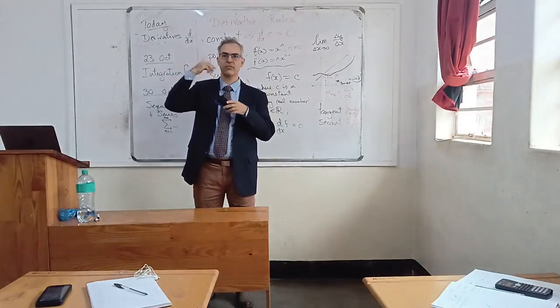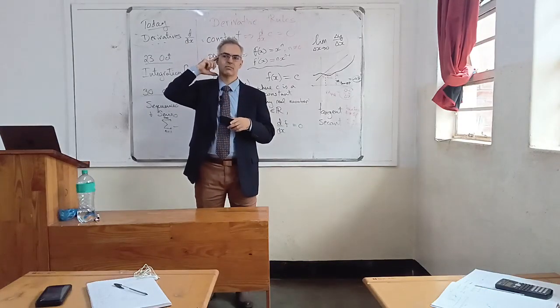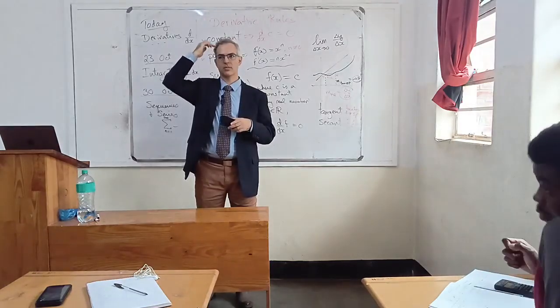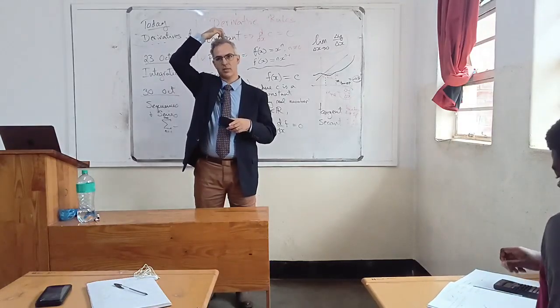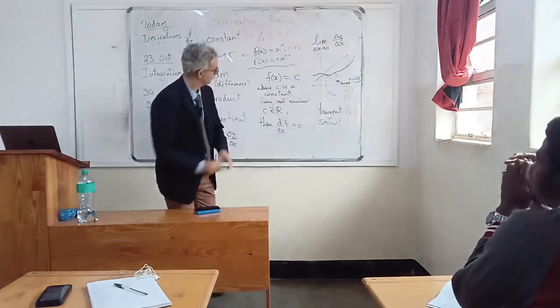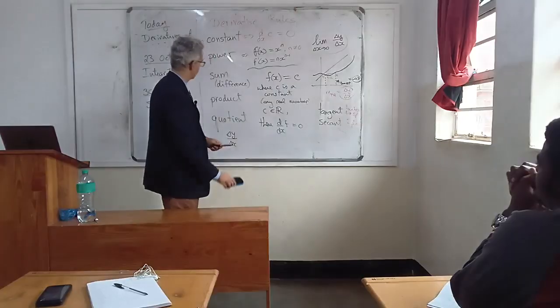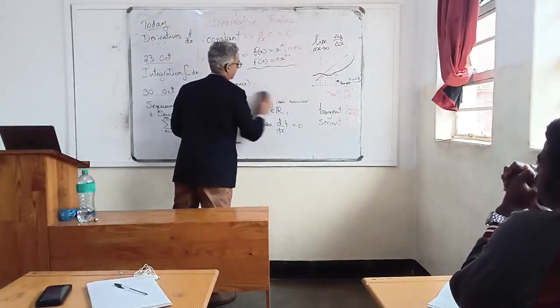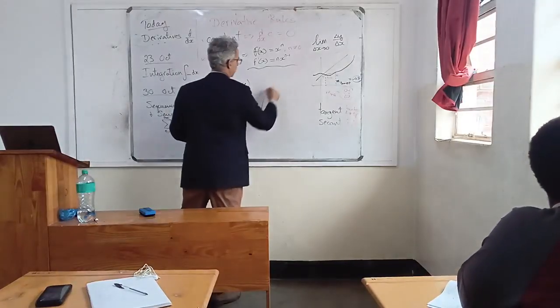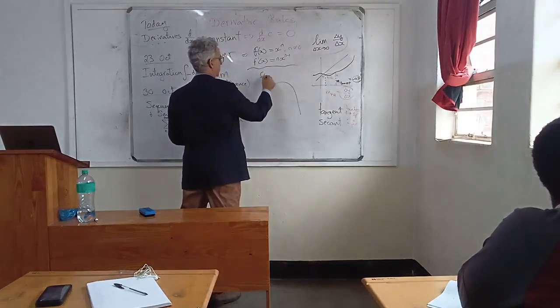Not the value of the function, which is the height. Here it's at, let's say this is 0. So here it's maybe 10 centimeters, 15, 20 centimeters, 15, 10, right? If I need more space, I'm going to erase this one. I can rewrite it later. I have a function f of x that looks like this.